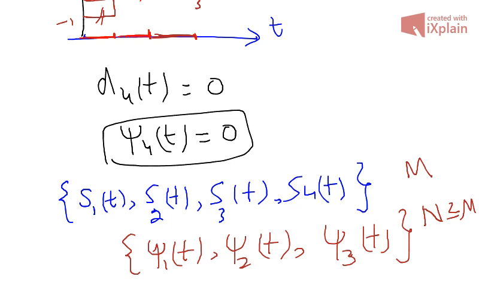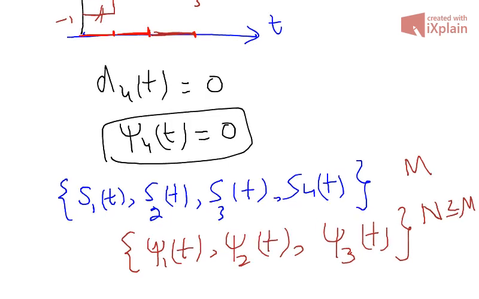You can also write these signals as a linear combination of psi 1, psi 2 and psi 3, right? I would leave it to you. Just try to write your signal as a linear combination.